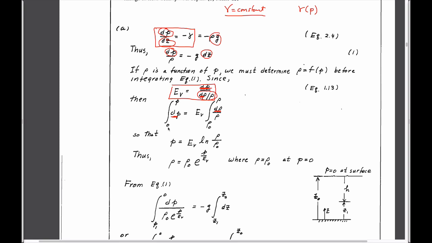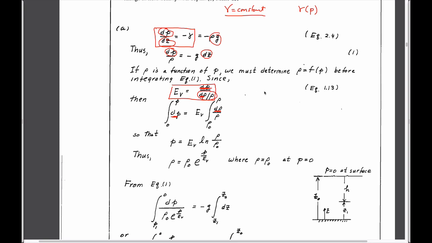We can integrate between the surface, where the pressure is atmospheric, and some pressure at depth, and at the surface the reference density is rho 0 and there is some unknown density at the other depth.